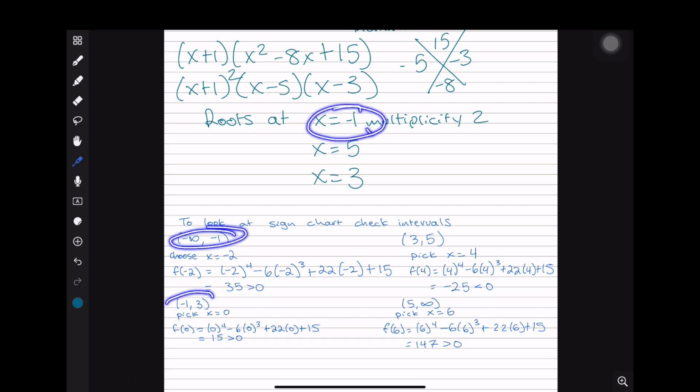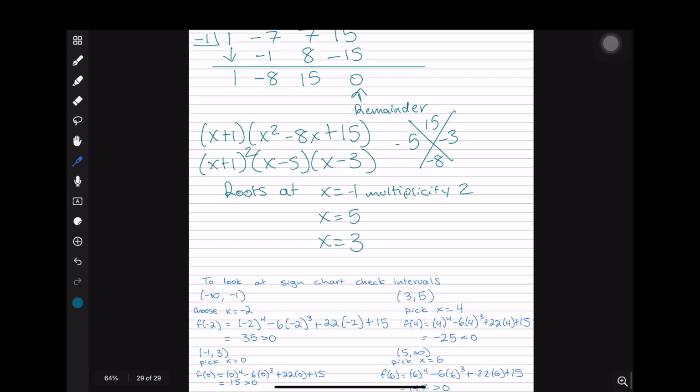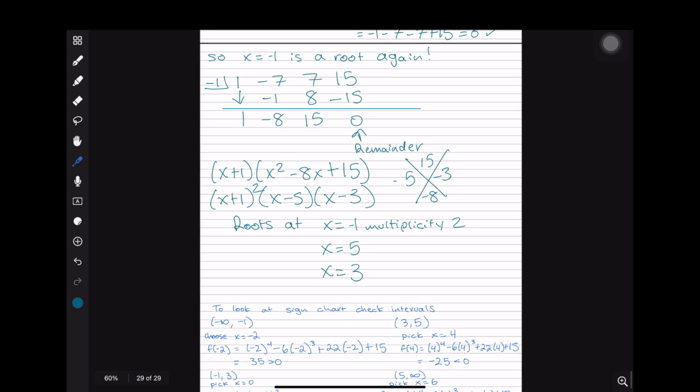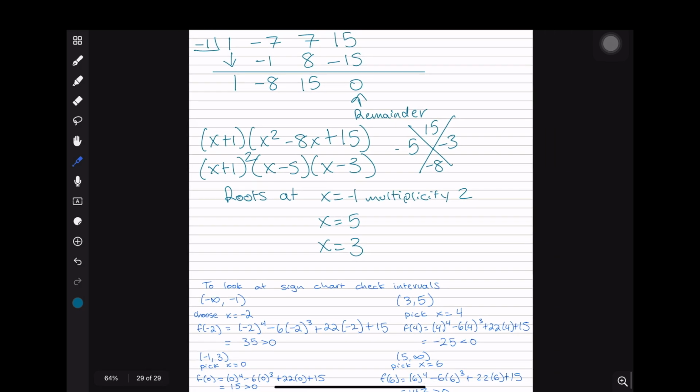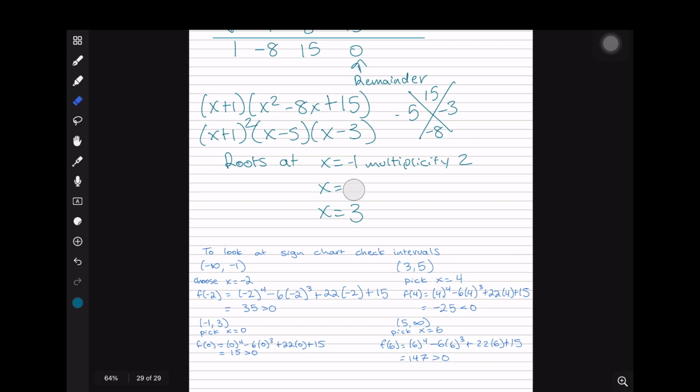Now, for your sign chart, you're going to look at intervals. So the way to do your intervals is starting from all the way to the left. So all the way to the left, you're coming from negative infinity to your first root, which is negative 1. So your interval is going to be negative infinity to negative 1. Now pick a point. Pick like x equals negative 2.